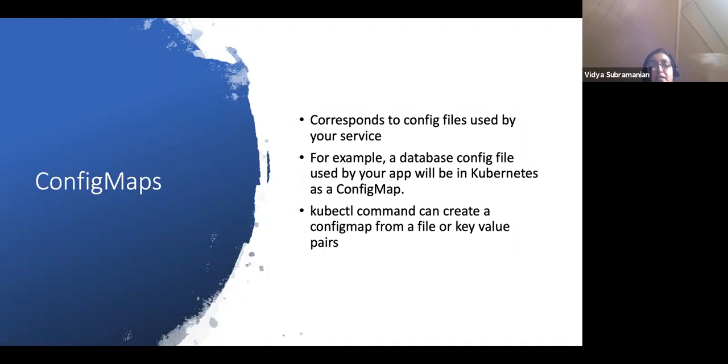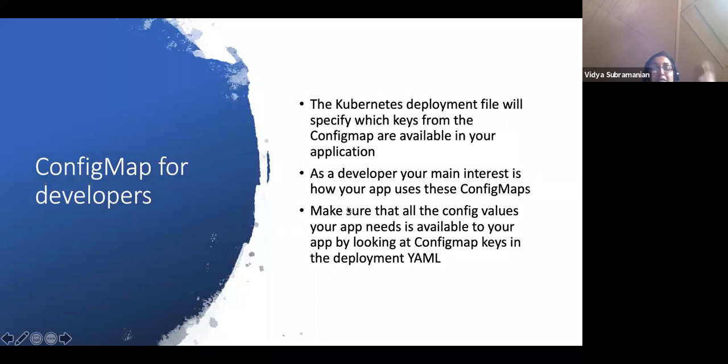Another important feature is config maps. This corresponds to configuration files, whether it is a database config file or something like that. The kubectl command can create this config map for you as a developer. So what you want to keep in mind is that the Kubernetes deployment file will specify which keys from the config map are available in your application.